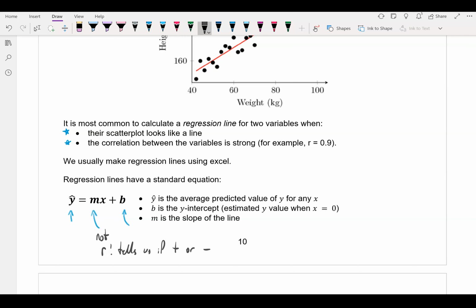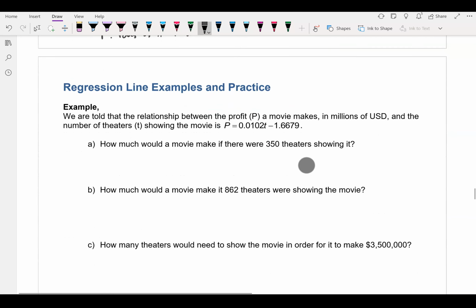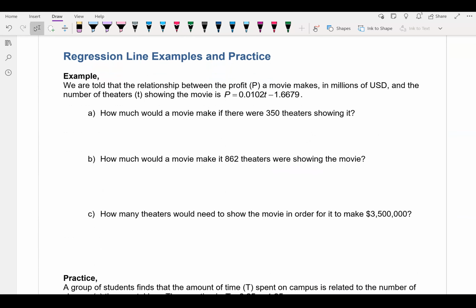Okay, so Excel is going to be able to do this stuff for us, but let's actually dig into the equations for the lines to see how the regression lines can help us predict things or understand our data. So regression line examples in practice. Example: we are told that the relationship between the profit a movie makes in millions of US dollars and the number of theaters, T, showing the movie is given by this relationship here. How much would a movie make if there's 350 theaters showing it?